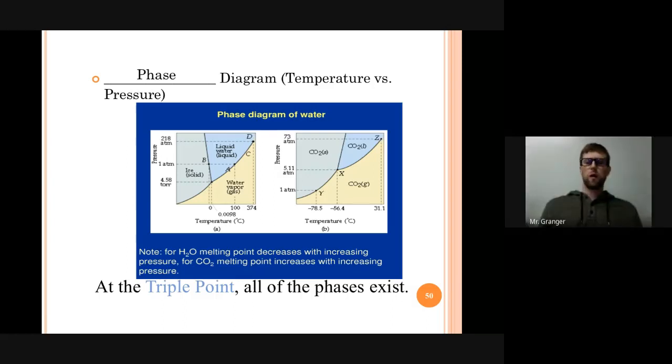And 5.11 atm is 5 times normal atmospheric pressure. So we need to increase the pressure surrounding this dry ice by 5 times to see the solid, the liquid, and the gaseous dry ice. So believe it or not, you can do that.